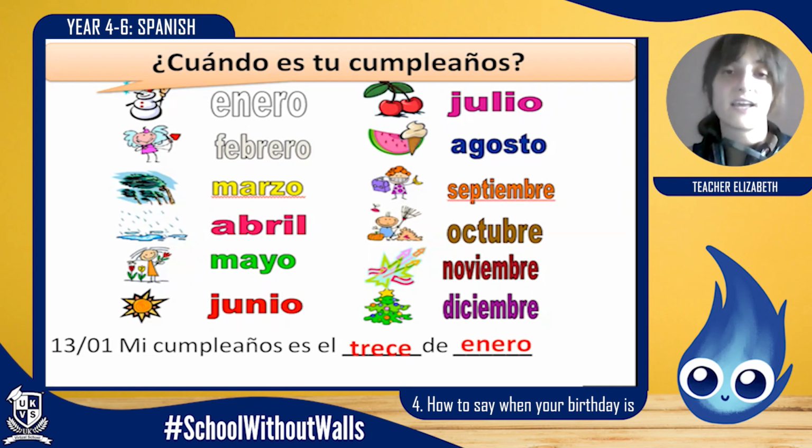Mi cumpleaños es el... And what you can do is just leave it blank so you can complete it with your own birthday date. Again, pause, take your time, make sure you've copied it correctly, make sure your spelling is in place, and then you can just move on to the next activity.